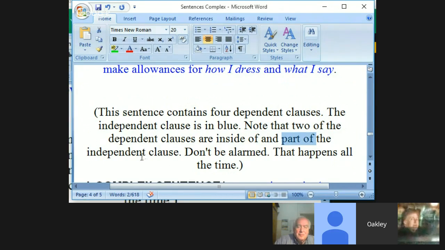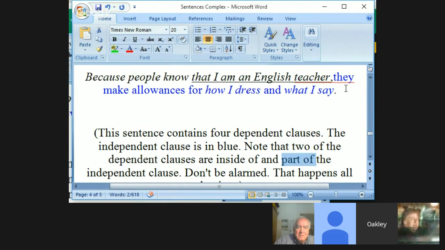It's very difficult to understand. I know it's so weird. You're saying that it seems they're part of the independent clause. Yeah, you're right. They are both a different dependent clause and part of a bigger independent clause at the same time.